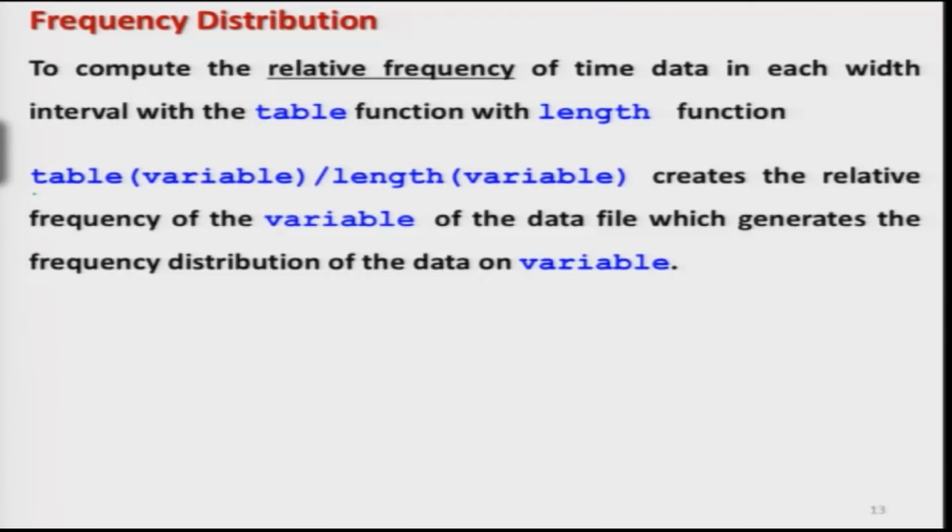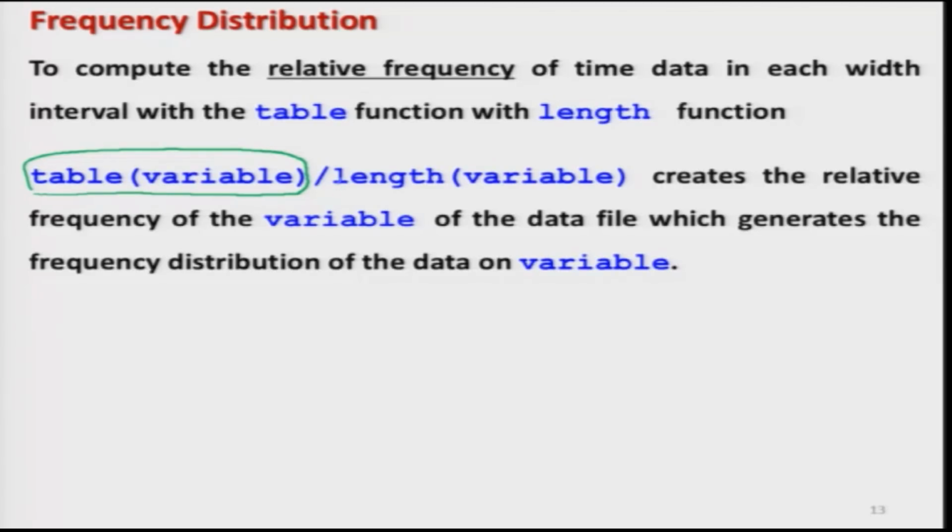So, in the last lecture we had obtained the frequency distribution using absolute frequency, and then I had divided it by length of n, which gave us the relative frequency. The same concept I am going to use here once again. In order to obtain the frequency distribution with absolute frequency, I have this function table, and inside the argument I give the data on the variable for which I want to create the frequency distribution.